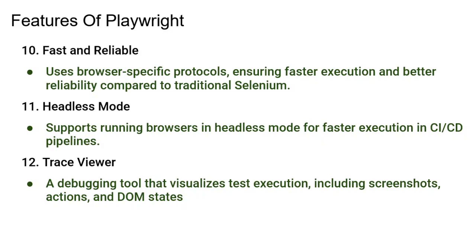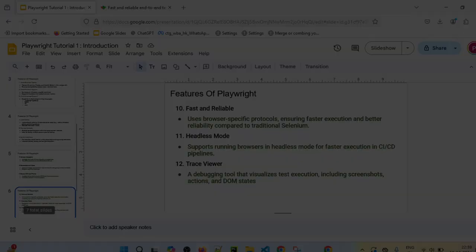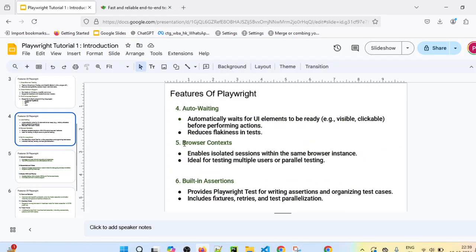In headless mode also we can execute. It supports running the browsers in headless mode for faster execution in CI/CD pipelines. A debugging tool that visualizes the test execution including screenshots, actions and DOM states. That is Trace Viewer. That is also one of the features of Playwright. So these are some high level features of Playwright.